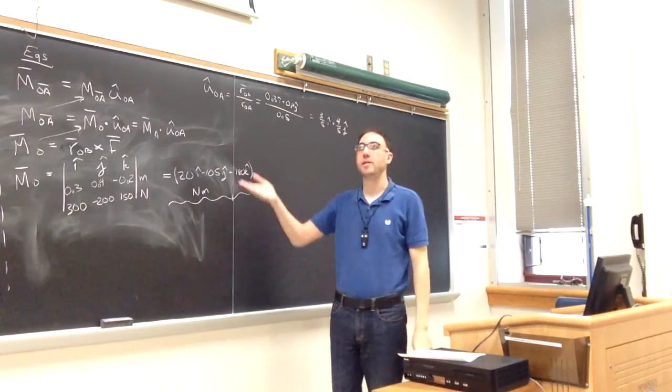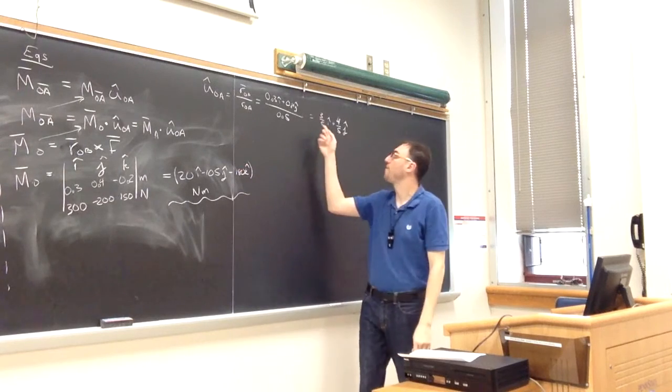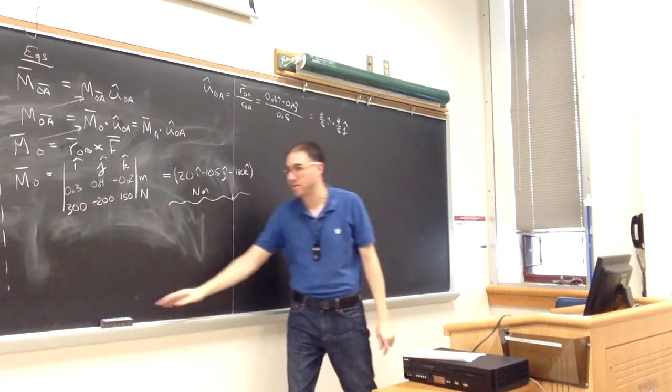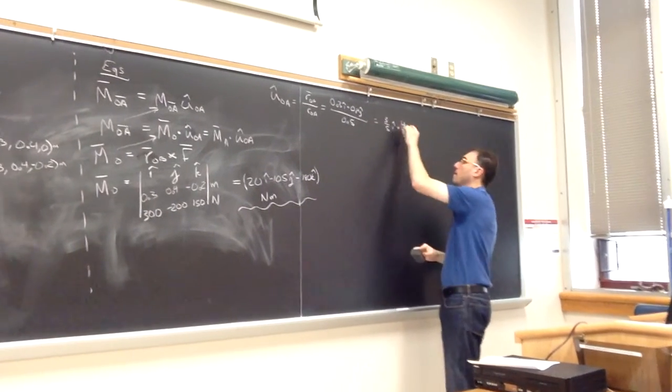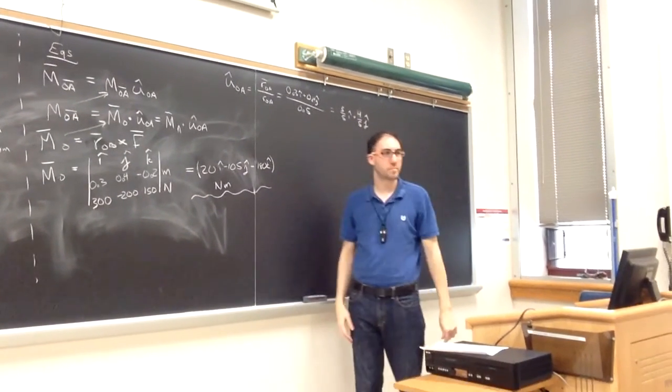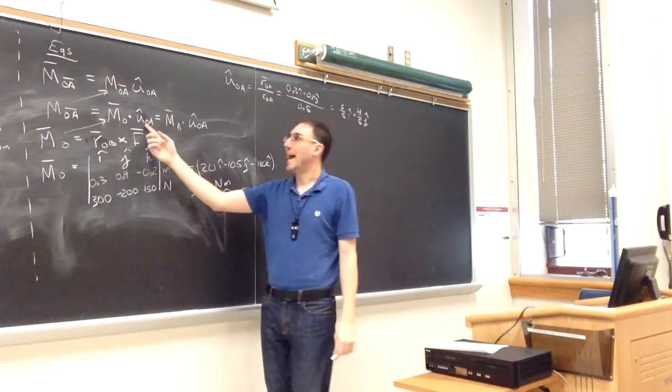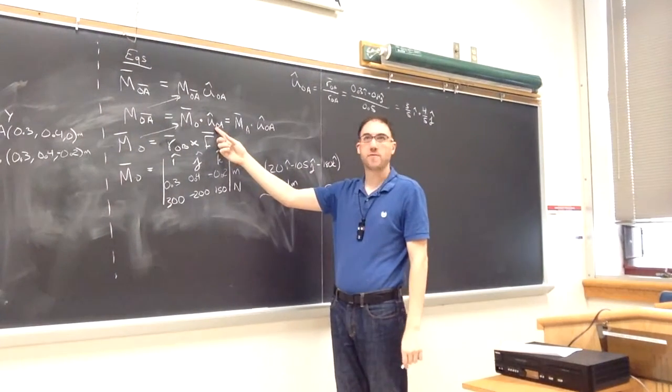So the direction that points from O towards A is 3/5 i plus 4/5 j.